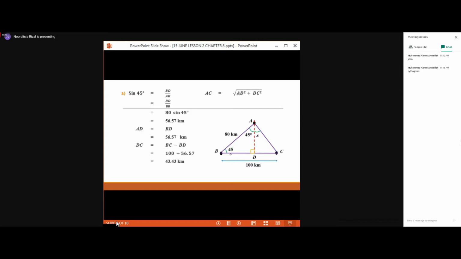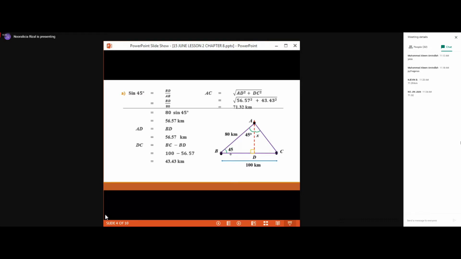Nobody, so I'm going to pick names. Yes, Kevin, let's see what you write. 71.29 kilometer. Oh, you got 29. Maybe you rounded off. Look at this. You should get AD squared is 56.57 squared plus 43.43 squared.